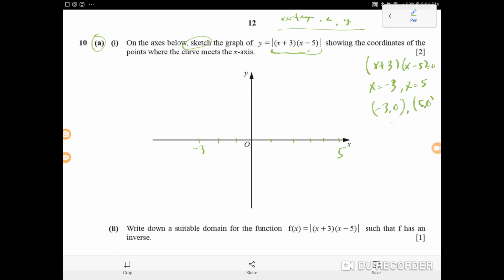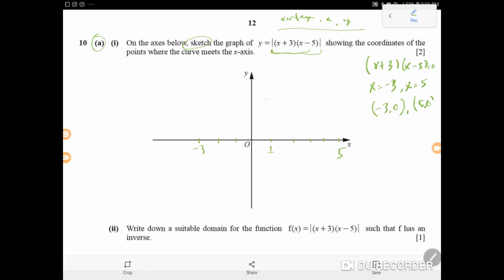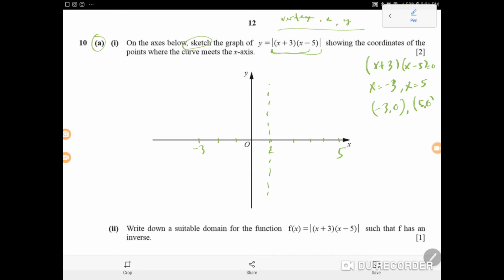The x of the vertex is the line of symmetry, the midpoint of these two. So -3 plus 5 is 2, and 2 divided by 2 is 1. So this is our line of symmetry. If you want, you can draw it like this, but it's not necessary.